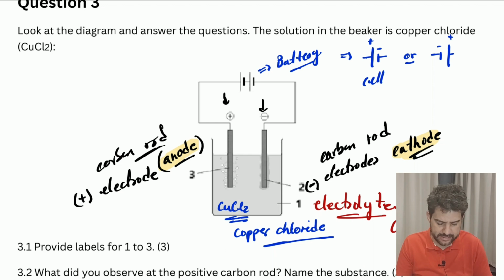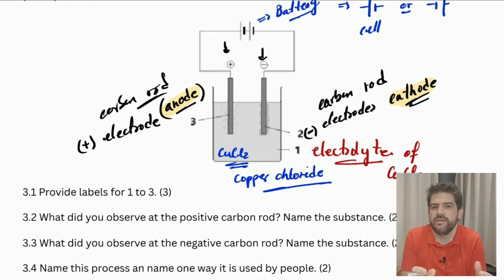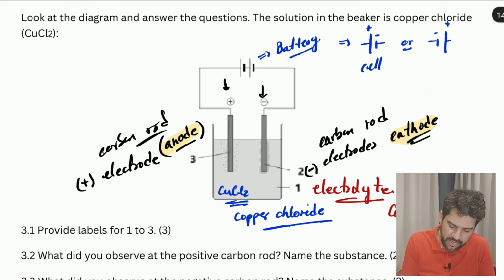It's quite simple. What did you observe at the positive carbon rod? Obviously, if you do the experiment, you will observe. If you don't do the experiment, you need to look at something here. What you observe there is bubbles. If you look carefully at that side, you can see that there are bubbles represented in the picture.